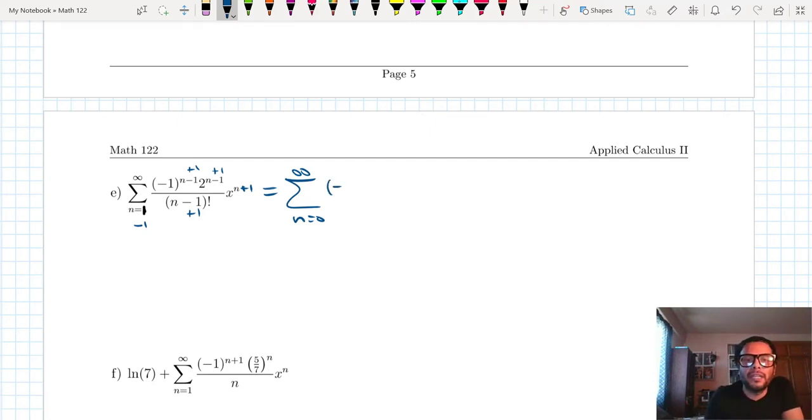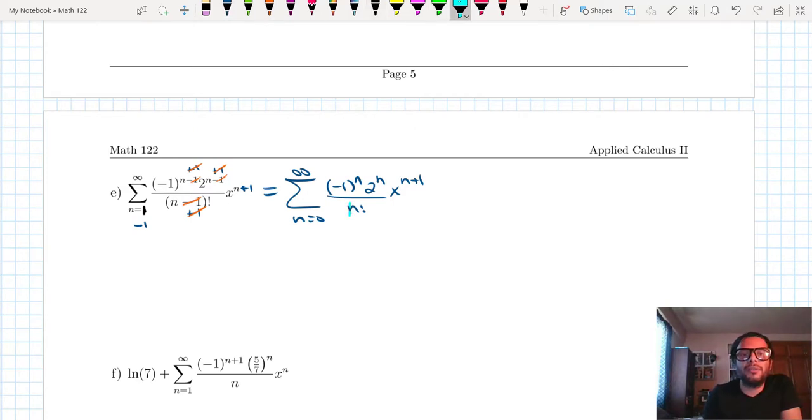That way we have a series starting at 0, and then you will see it is going to be -1 to the n, because 1 minus 1 cancels, 1 minus 1 cancels, 1 minus 1 cancels. So we are going to have 2 to the n divided by n factorial times x to the n plus 1. Hopefully this looks familiar to you, the n factorial in the denominator.